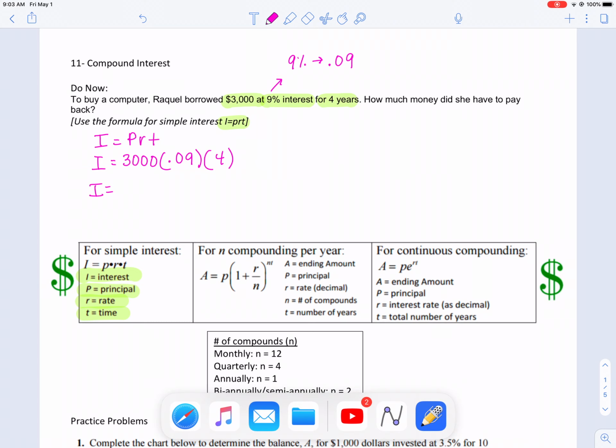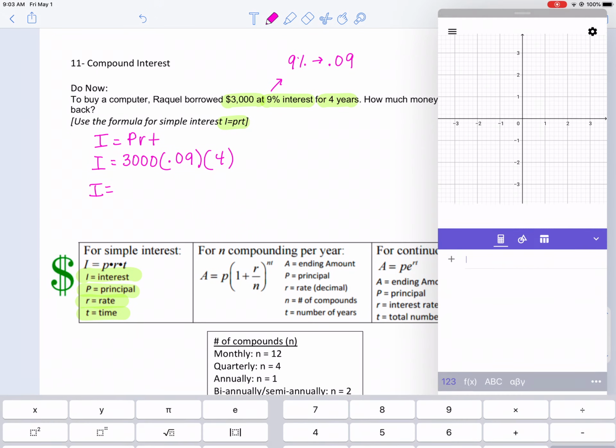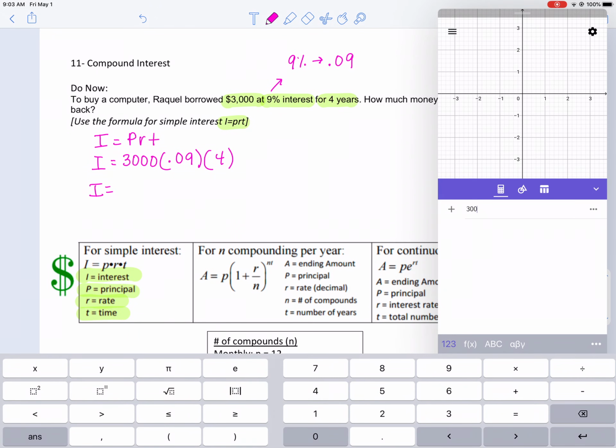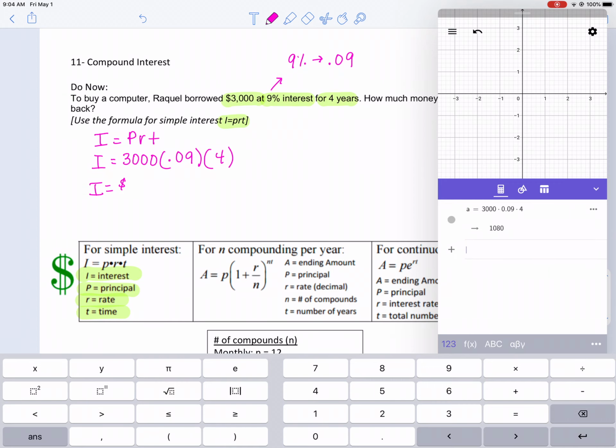So we're going to pull up our calculator and we're going to do that calculation. $3,000 times 0.09 times 4. Okay, and you get $1,080. Now here's what you just have to understand. That $1,080 is just the interest that you're going to be paying.